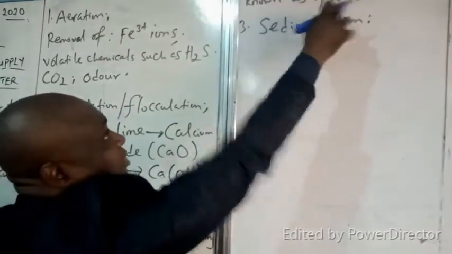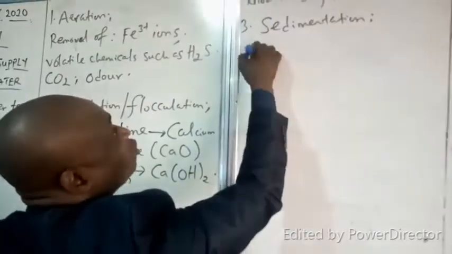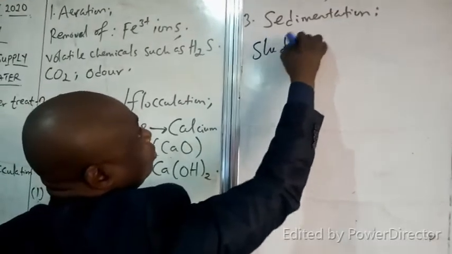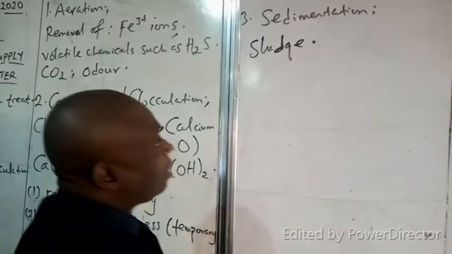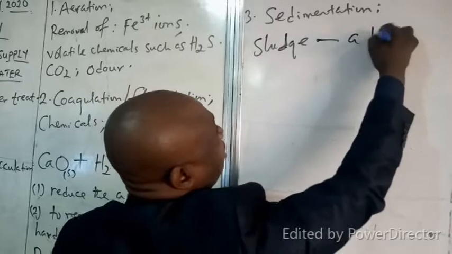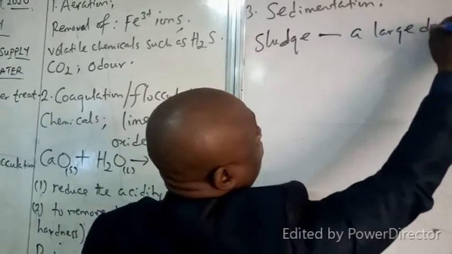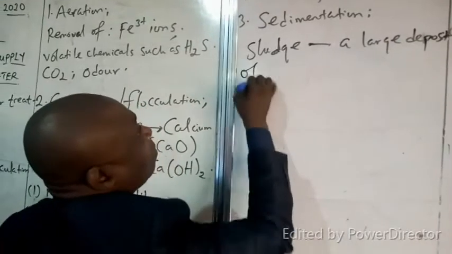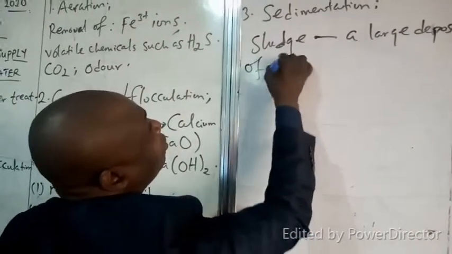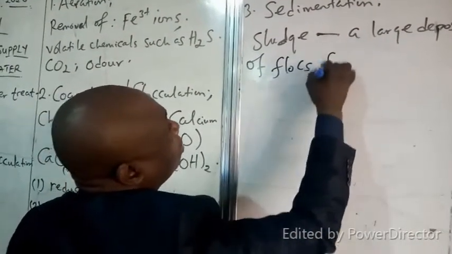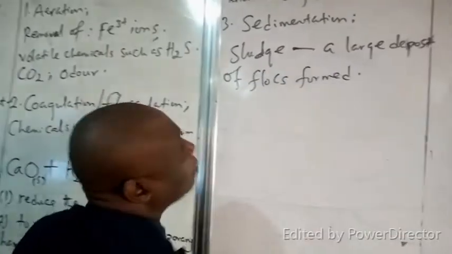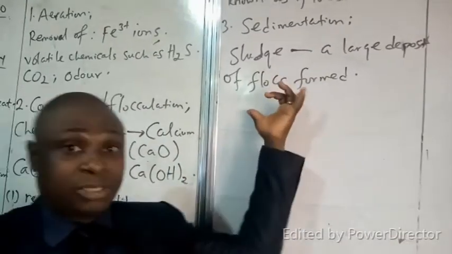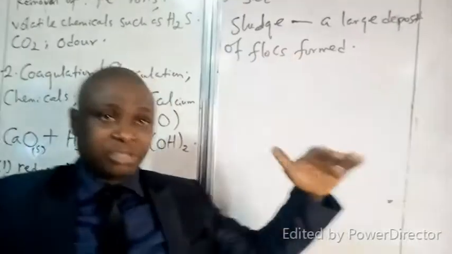The large deposit of floc that is formed is known as sludge. Now, this large deposit settles down at the base of the tank.